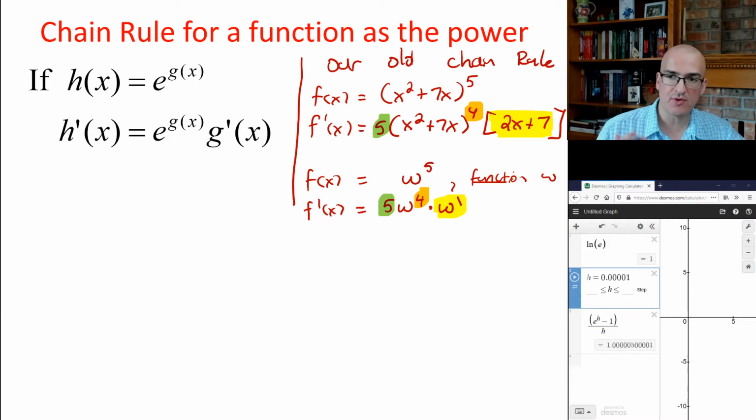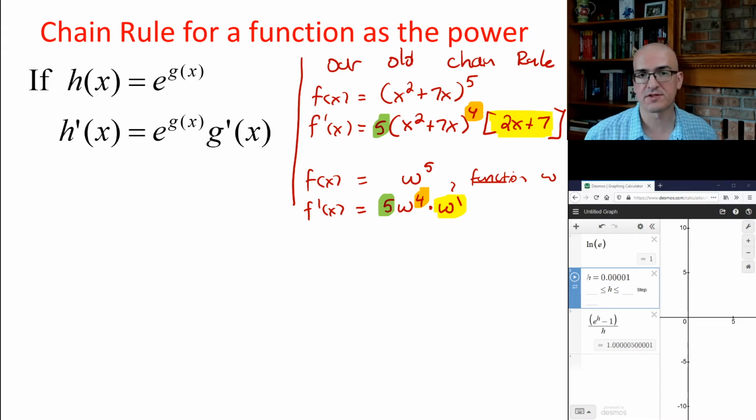We don't need a prime piece when we take the derivative of x to the power of 5, because the prime piece would be x prime, which is the derivative of x, and the derivative of 1 times x is just 1. So we'd have multiplication by 1. It's not necessary to show that component when we take the derivative of a power function, like x to the 5 or x to the 4 or anything else like that. But for a function to a power, we do need that piece to get the correct form of the derivative.